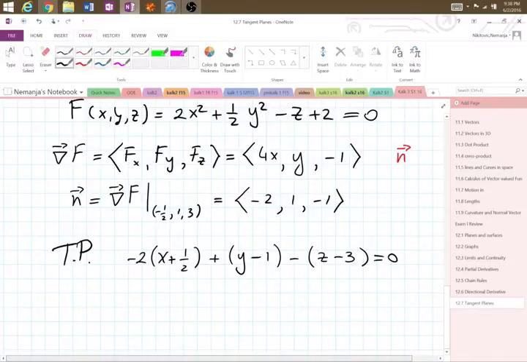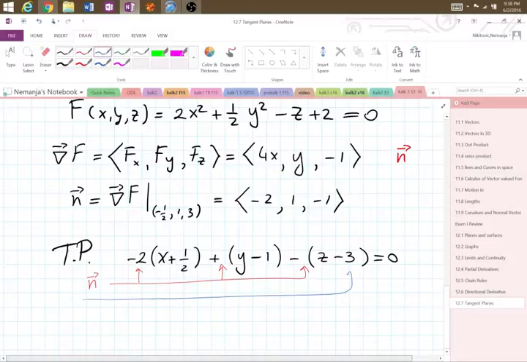So let's color code a little bit. This is your vector n, which you calculated through the gradient. And now in blue, this is your point P that is given to you, the point at which you are finding the tangent plane, right?